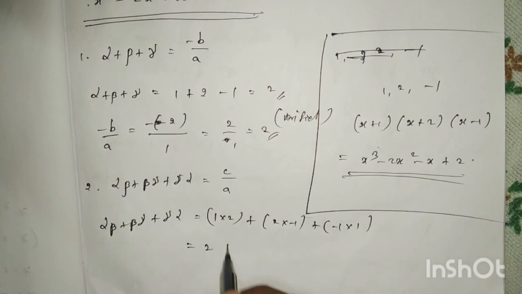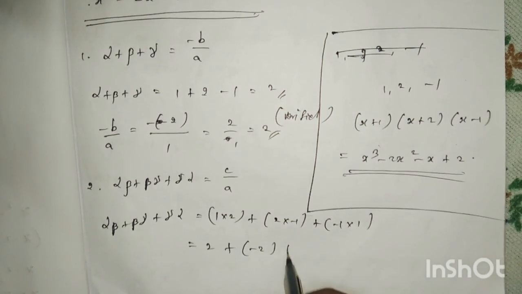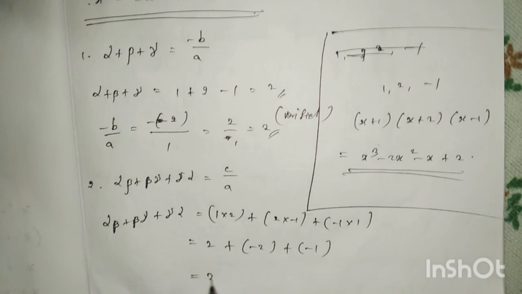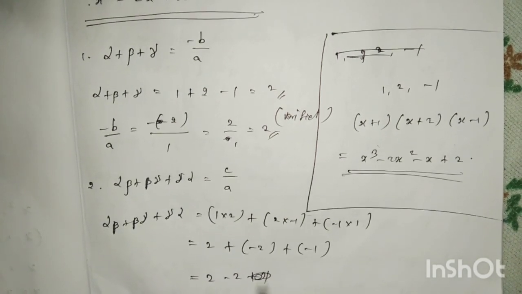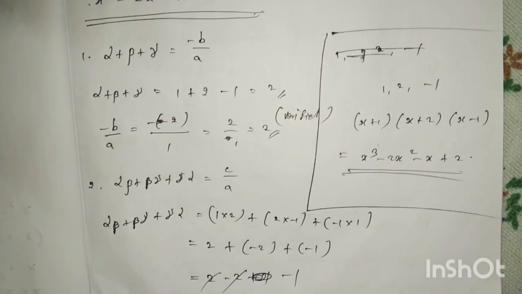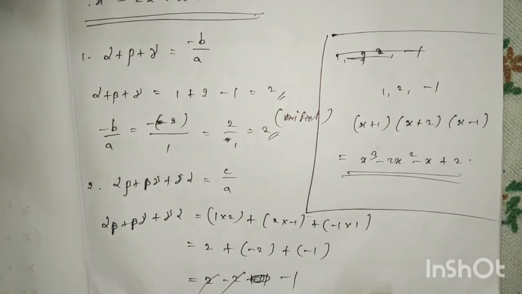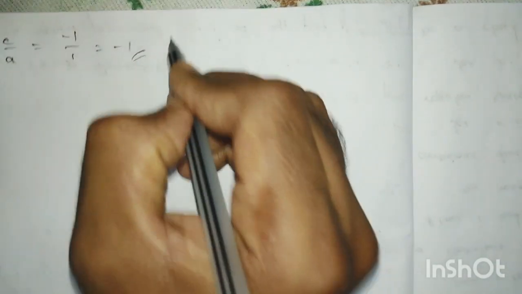So 1 twos are 2, plus minus 2, plus minus 1. So 2 minus 2, 2 minus 2 minus 1. So the answer is minus 1, right? Next we find c by a. The c value in this polynomial is minus 1. So minus 1 by 1, that is minus 1. So both are equal, verified, right?